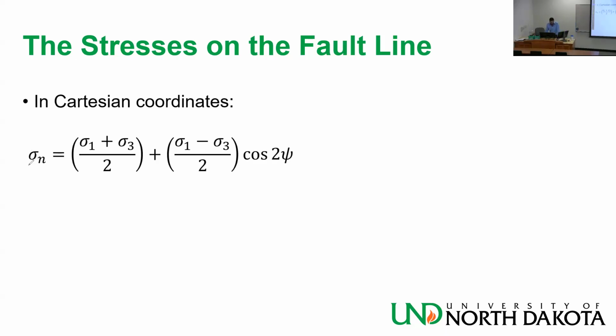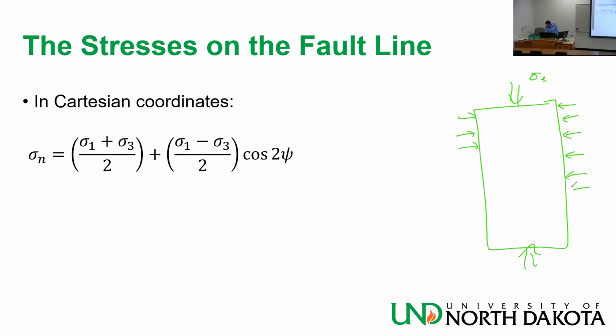the angle that we are looking for. I apply sigma 1 on top and the bottom along the axis, and then I have sigma 3 on the sides, on confinement.